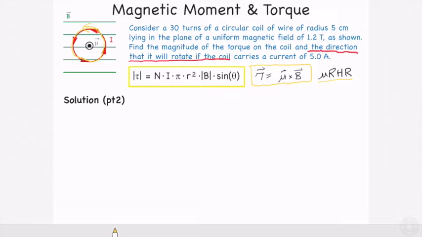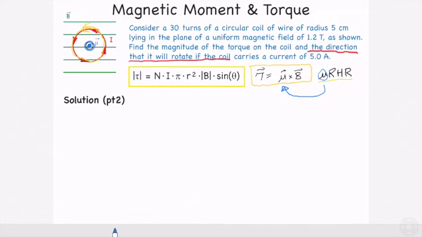If our right hand is held upright so that our fingers curl in this counterclockwise direction, then your outstretched thumb will point in the direction of the magnetic moment. In this case, our thumb points up out of the page. This therefore gives us the direction of the magnetic moment vector.